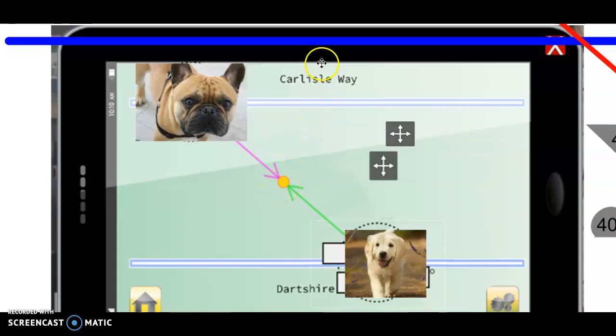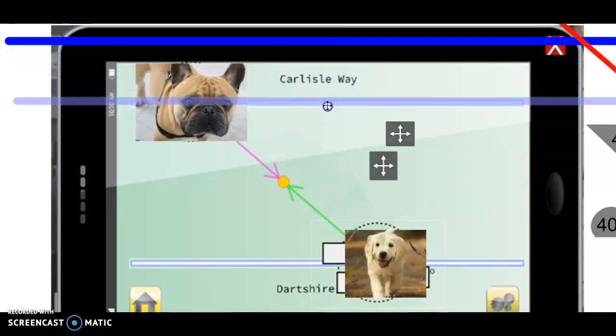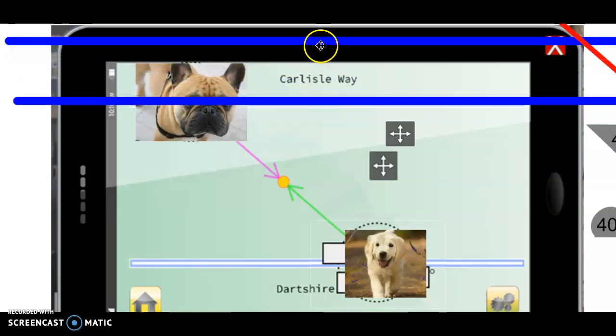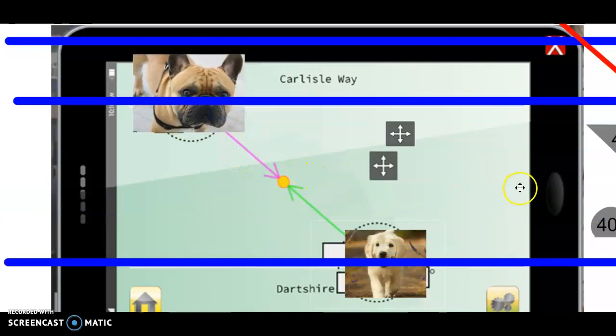The way we're going to do this is we're going to notice the road that they're on. Here's where the one dog is, and here's where the other dog is, walking down a road. The program is going to know that this angle in here is 40 degrees, and it's going to know the distance between these two dogs.